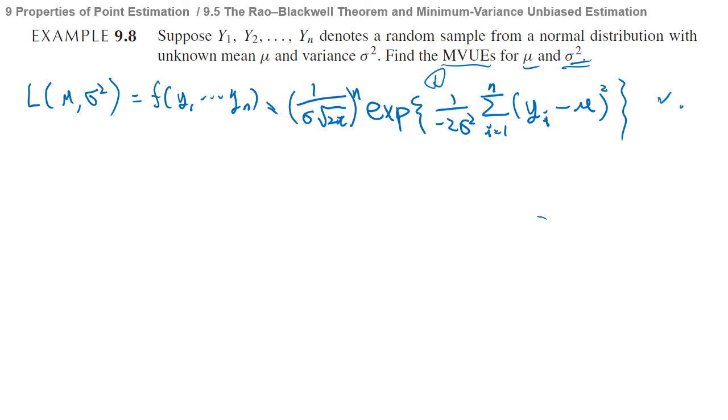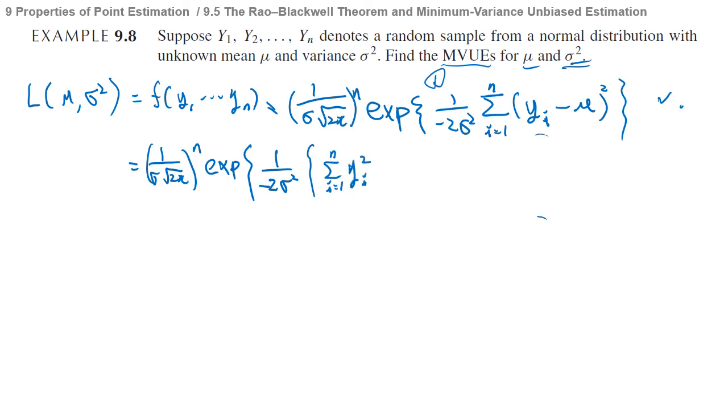And if we rewrite this thing as (1 over sigma square root of 2 pi) to the nth and exponential of 1 over minus 2 sigma square times, for this part, we can rewrite it as sigma i equals 1 to n of yi square. So this part is yi square minus 2 yi mu plus mu square.